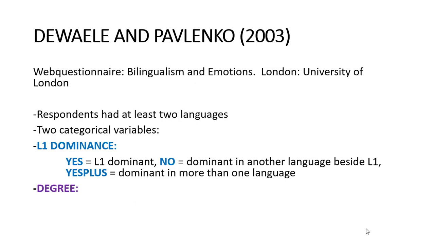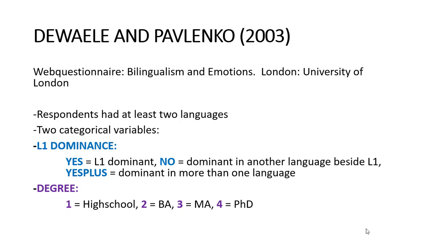No means that you're dominant in another language beside your L1. And yes plus means that you're dominant in more than 1 language. Okay, so these are the measures for L1 dominance. Yes means L1 dominant, no another language, not L1, and yes plus means you're dominant in more than 1 language.